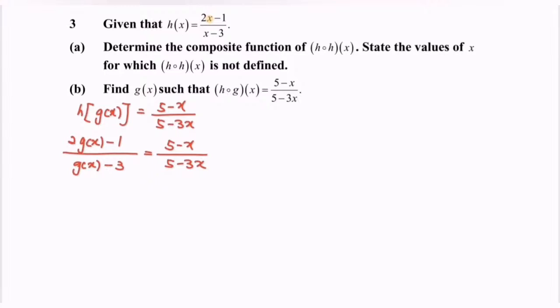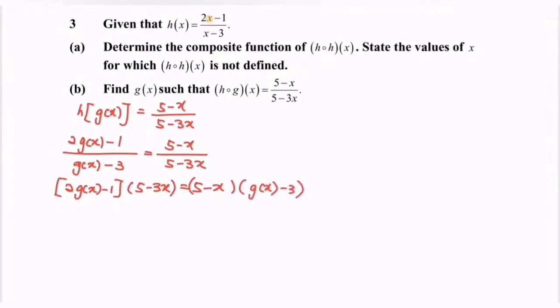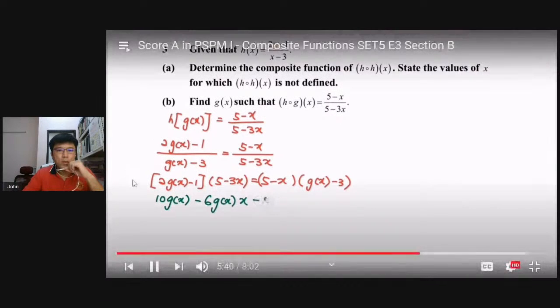Rewrite the situation where we will have (2g(x) minus 1) bracket (5 minus 3x) equals (5 minus x) bracket multiplied with (g(x) minus 3). Expand the situation and we will have 10g(x) minus 6g(x) multiplied with x minus 5.